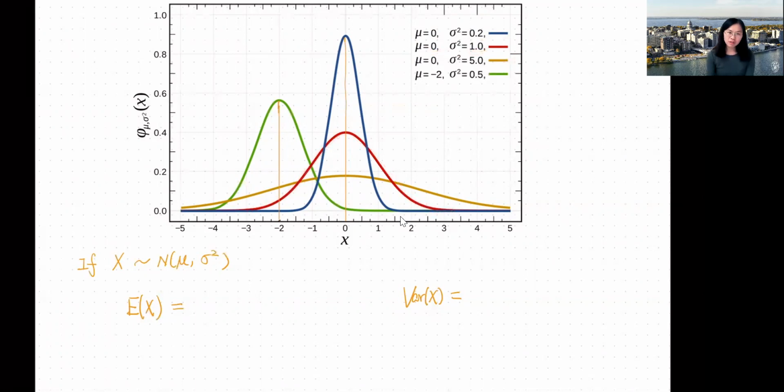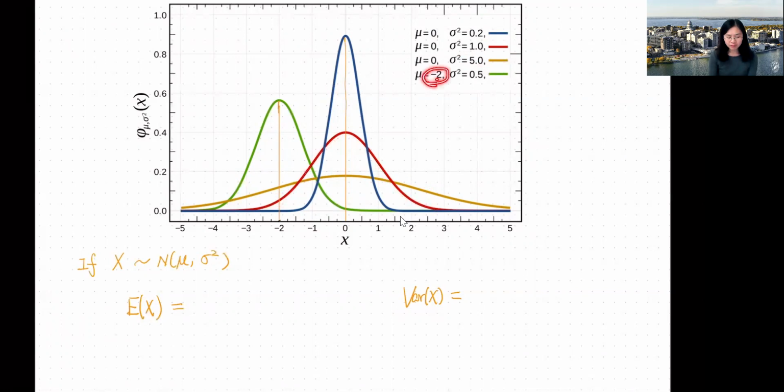And for normal distribution with parameters 0 and a smaller sigma squared, the density function is more concentrated around 0. It's taller and thinner. And a normal distribution with the same mu but a bigger sigma squared is more spread out. So it's fatter and flatter than the normal distribution with parameters 0 and 1.